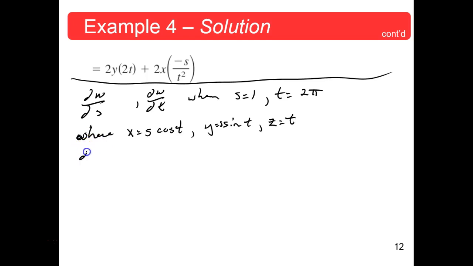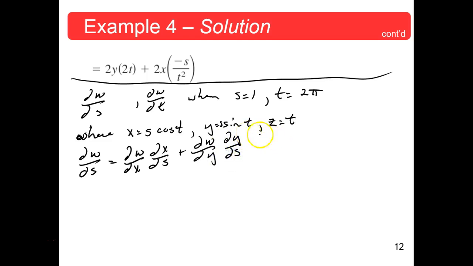So here's what we have. Partial of w with respect to s is equal to the partial of w with respect to x times the partial of x with respect to s, plus the partial of w with respect to y times the partial of y with respect to s, plus the partial of w with respect to z times the partial of z with respect to t.